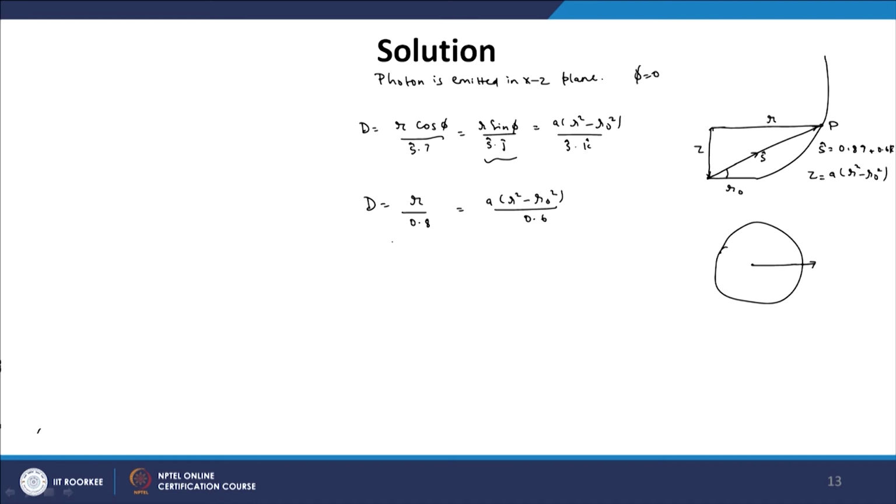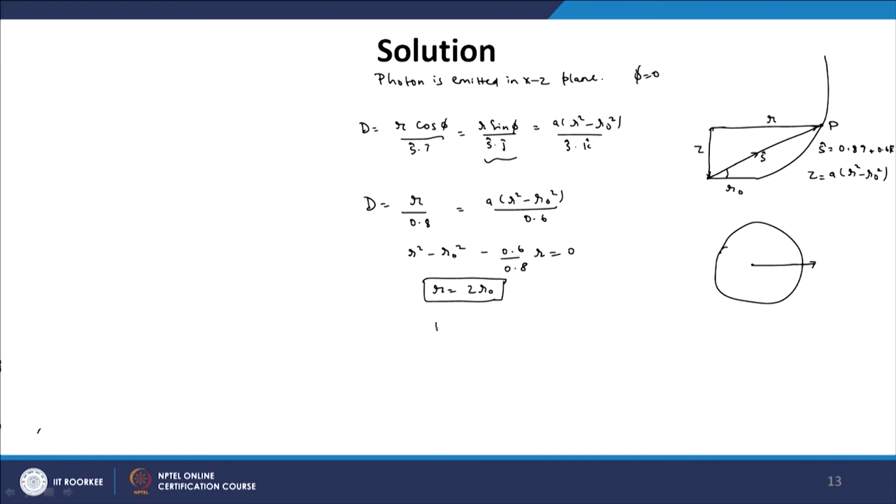So, we solve this first for r. Now, we get r square minus r naught square minus 0.6 upon 0.8 r is equal to 0. So, this is a quadratic equation which we need to solve, and after solving this equation, r is equal to 2 times r naught.